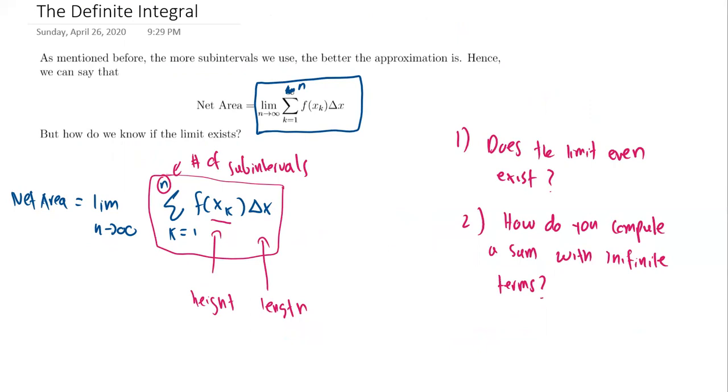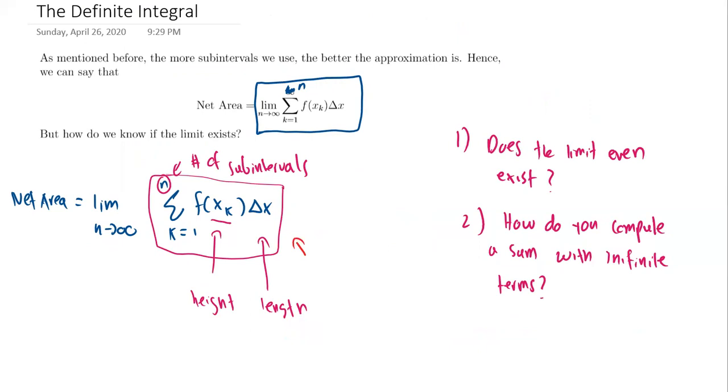We defined net area as the limit as n approaches infinity of this sum here. This was just a sum approximating the area with n subintervals. So if we want infinitely many subintervals, just take the limit as n approaches infinity of that, because that is going to give you infinitely many subintervals.